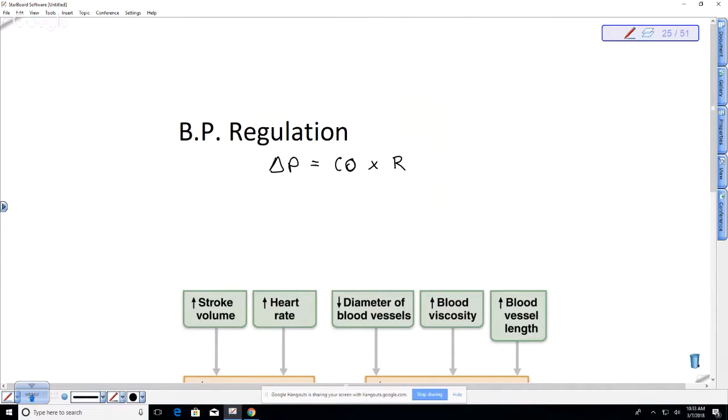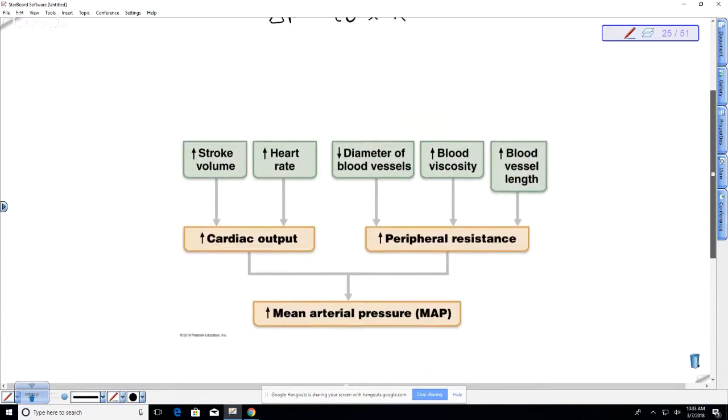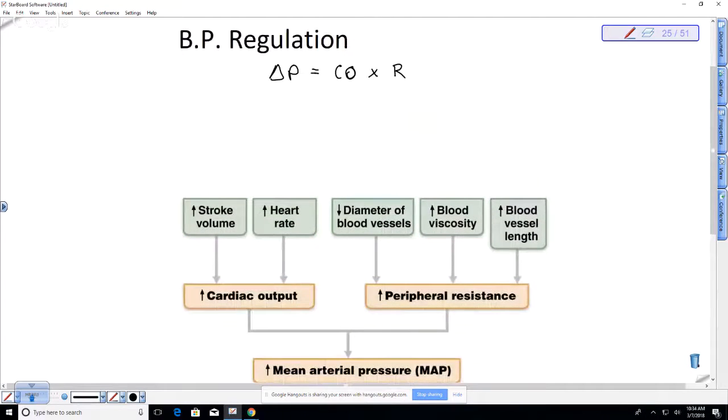So if we look at a diagram from your book, notice cardiac output. If we increase the amount of blood being pumped out, which is the stroke volume of the left ventricle, that is going to increase the pressure. If I increase heart rate, that is also going to increase the pressure, okay? So here I could say cardiac output is equal to stroke volume plus heart rate.